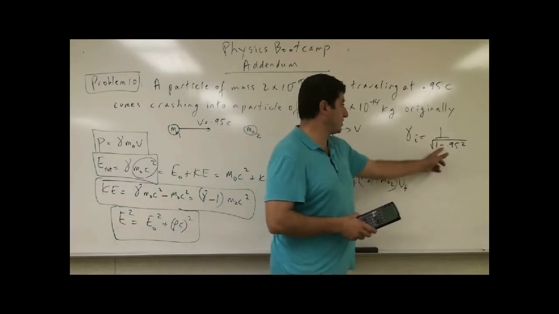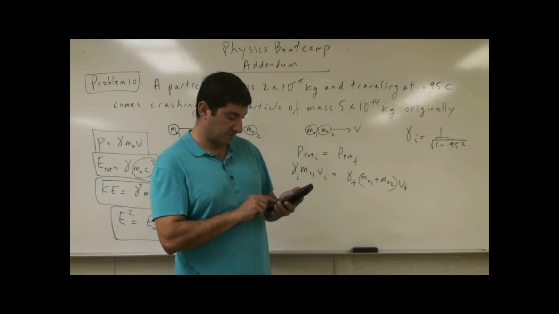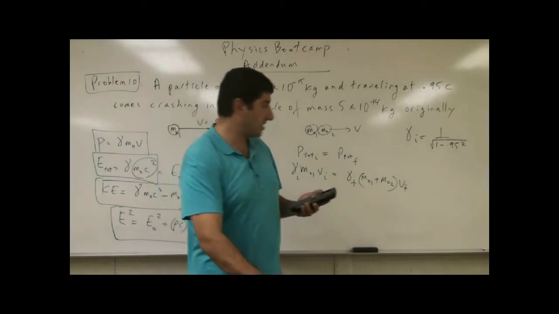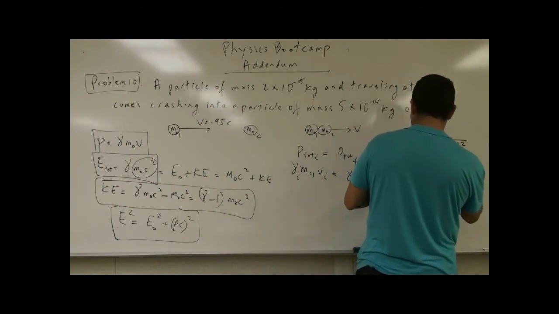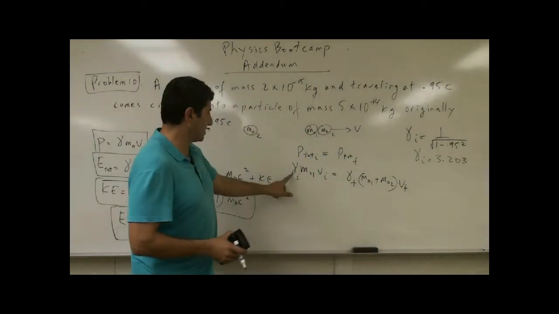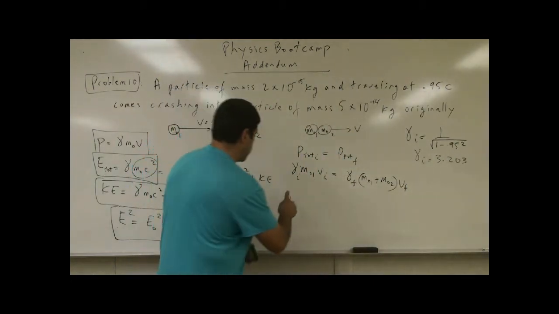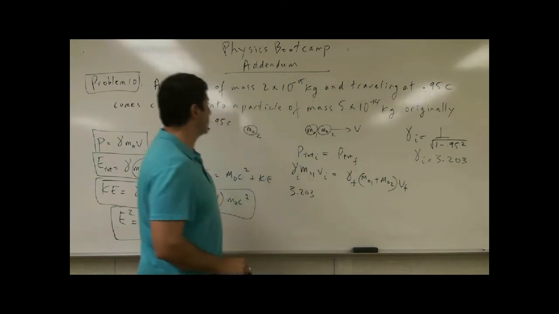I'll get a certain number, then I'll square root it, and then I will invert it, reciprocate it, and I get gamma initial is 3.203, and it's a unitless number. So that's the initial gamma, which I could put over here, 3.203.